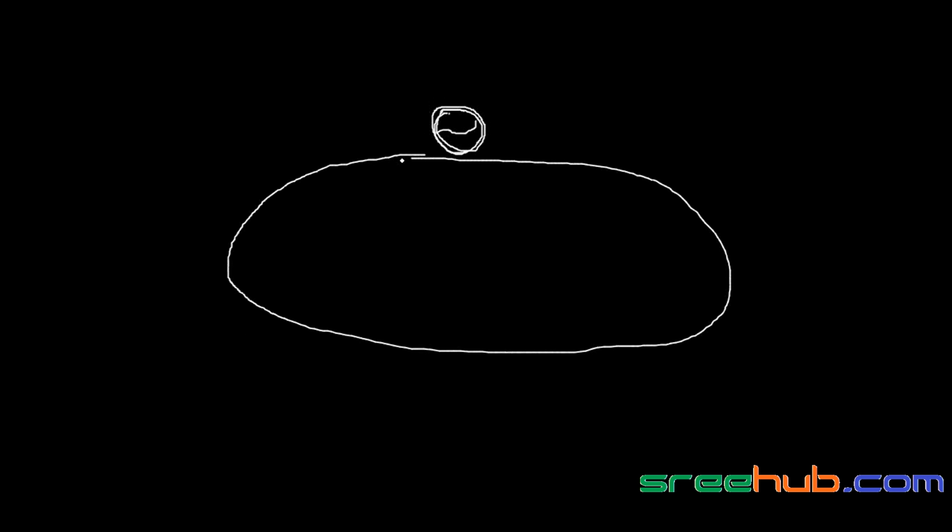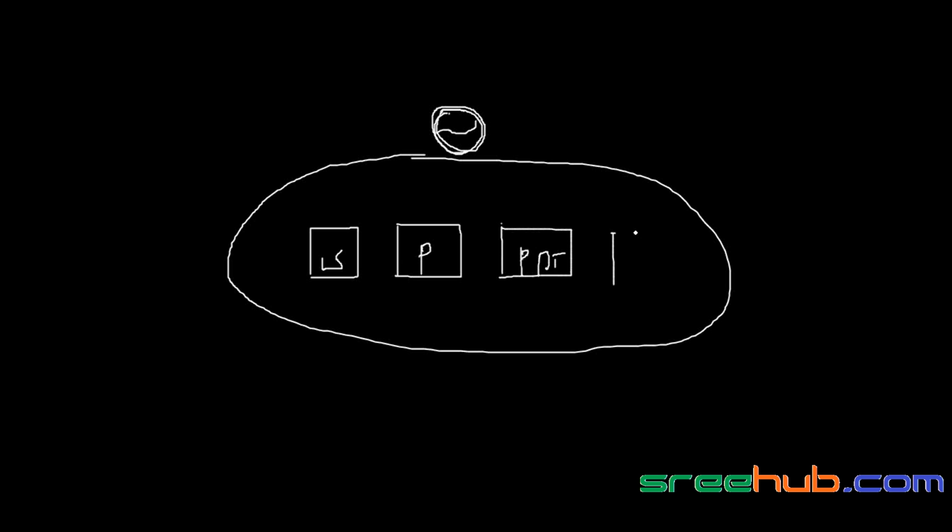And let's say I have got a few tasks. Let's say I've opened my Microsoft Word, I've opened my media player, and I opened a presentation, and let's say I have opened my Visual Studio.